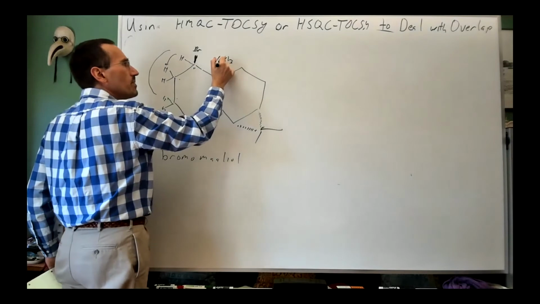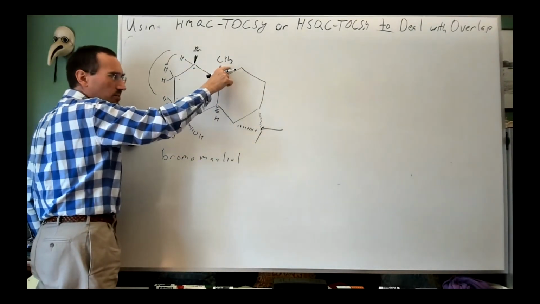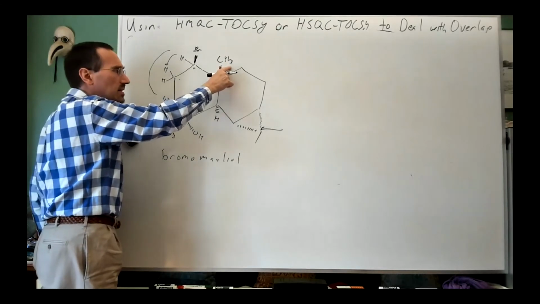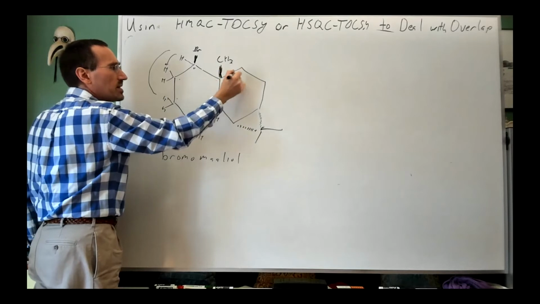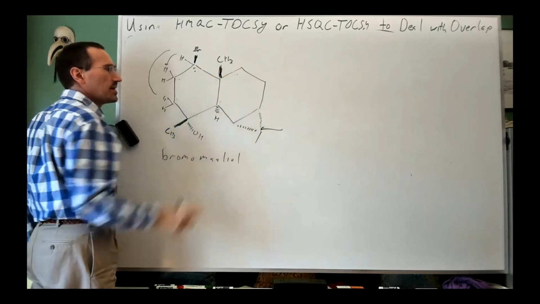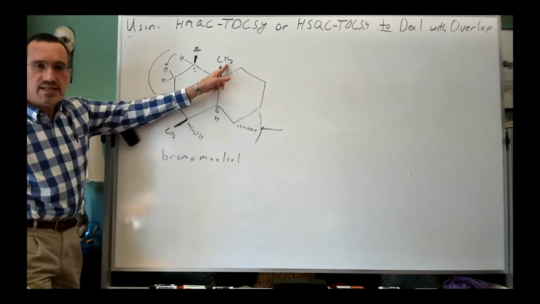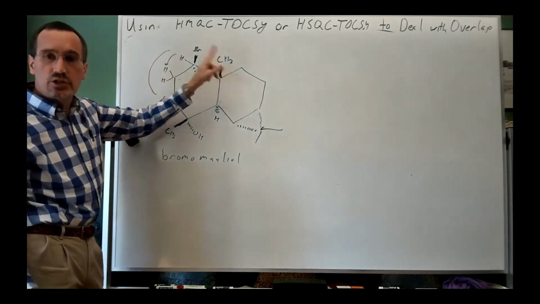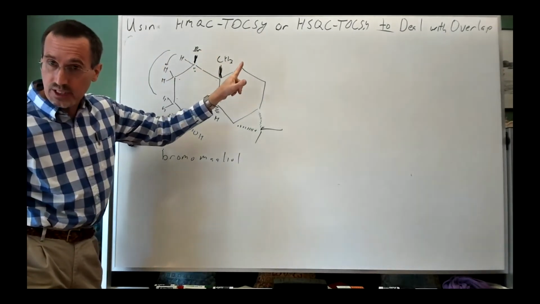In HMBC, this methyl group that's isolated won't give any cross peaks with HSQC TOCSY, but it will give a cross peak with this carbon, and this carbon, and this carbon. So it's different because the HMBC is going through the carbon-hydrogen couplings.